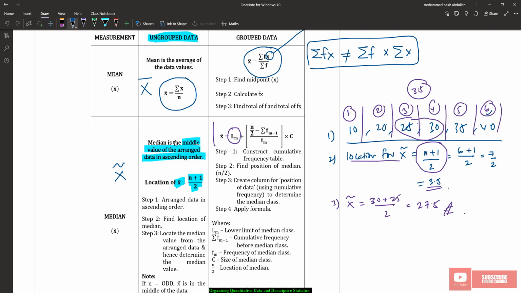Instead of n divided by 2, you change it to summation of f divided by 2. Can you do that? Summation of f divided by 2 minus cumulative frequency before the median class, divided by frequency of the median class, multiplied by the class size of the median class. So this is the formula to find median from grouped data. Later on we will see the example, okay?